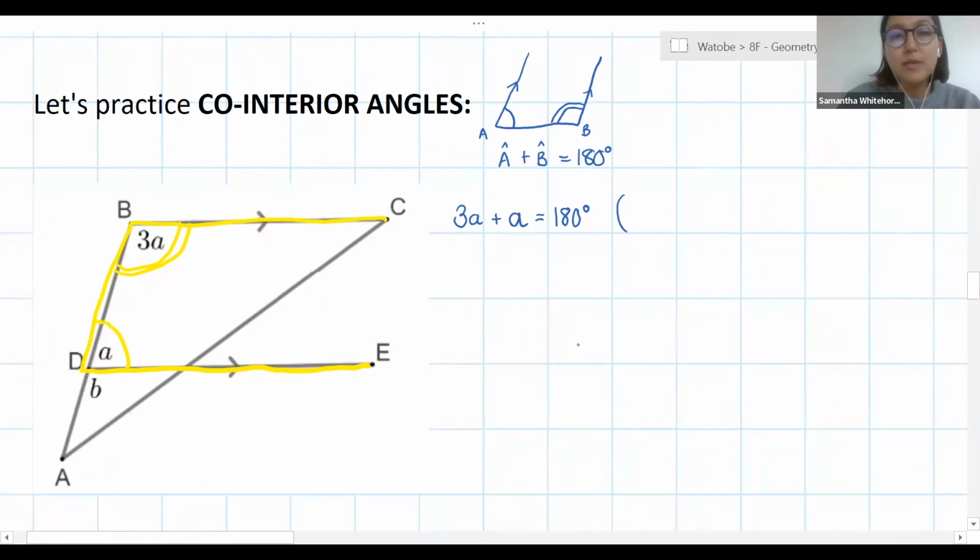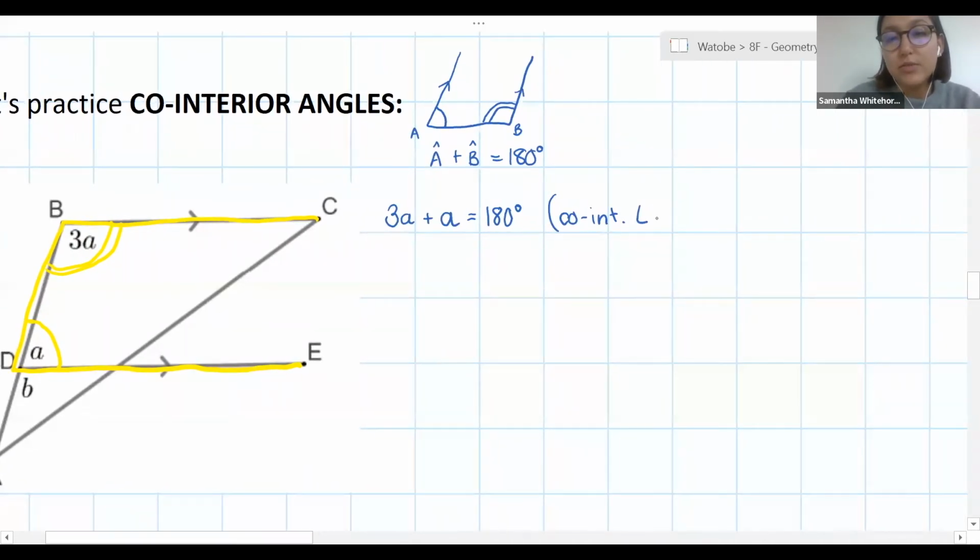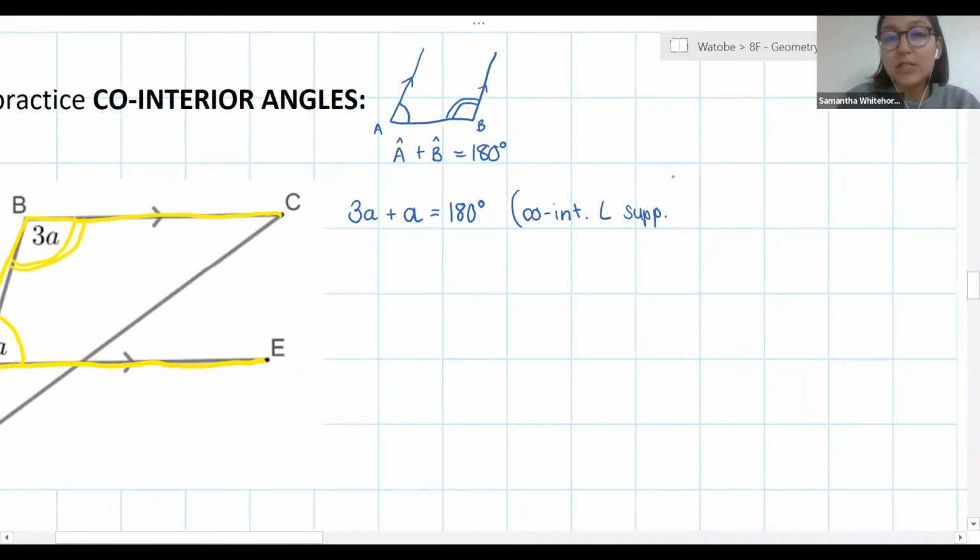Now, importantly, we need to give a reason. We know this reason is co-interior angles, and you can abbreviate to co-int. If you want, and I know some of you do, you can write supplementary, so co-interior angle sup, that's absolutely fine. All you're telling me is that they add up to 180 degrees.